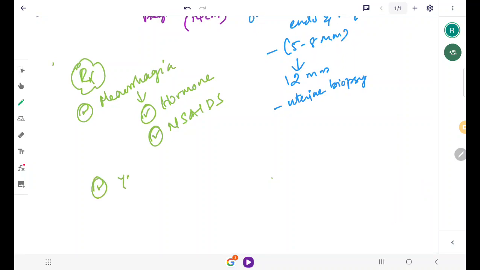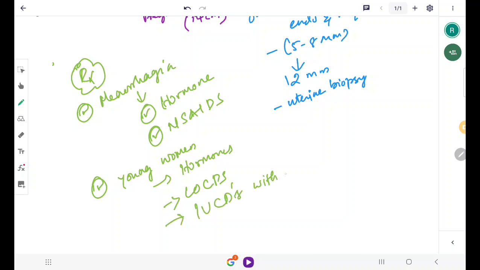In young women, you give hormones and combined oral contraceptive pills for longer duration, and IUCDs with progesterone. And the overall best treatment would be hysterectomy.